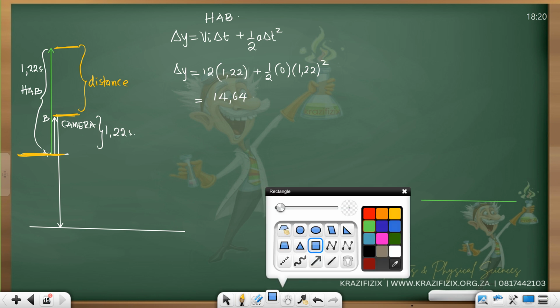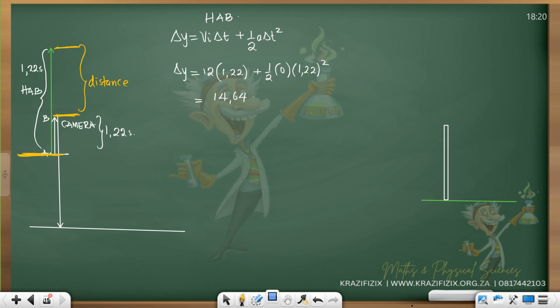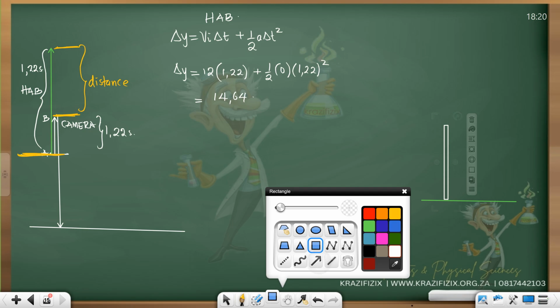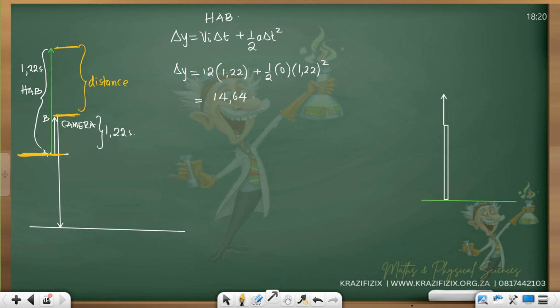Let me do this like this. All right. From that top, the hot air balloon went up, so this is 100 meters. The hot air balloon has now gone 14.64 from here.